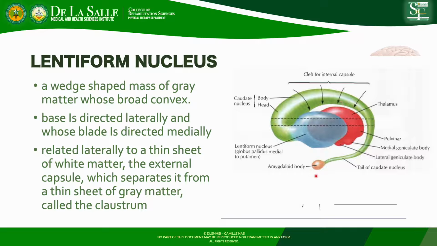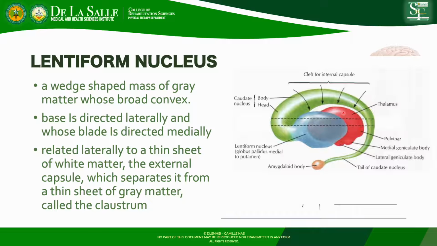And then we have the amygdaloid body. It's found in the tail of the caudate nucleus. The important information that you need to remember here is more about the anatomical locations of the different nuclei.